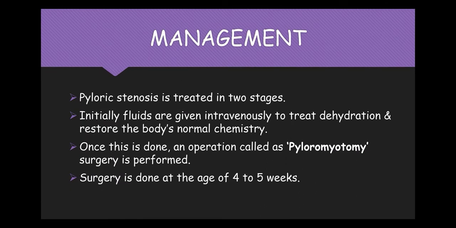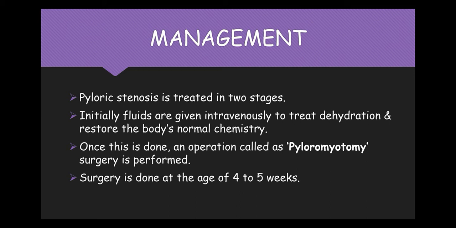Then management. Pyloric stenosis is treated in 2 stages. Initially, fluids are given IV to treat the dehydration and restore the body's normal chemistry. Once we treat the dehydration, then an operation called pyloromyotomy surgery is performed.